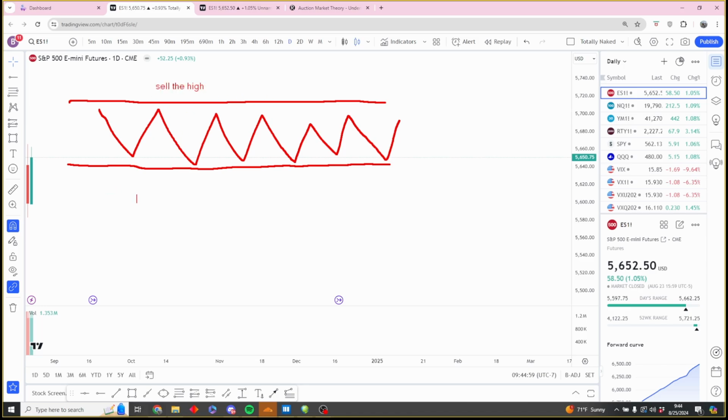And to the flip side, whenever it comes down to the lower extremity, you buy the low. That's essentially how you can catch reversals in balancing out conditions, and these reversal playbooks work the best in balancing out conditions.